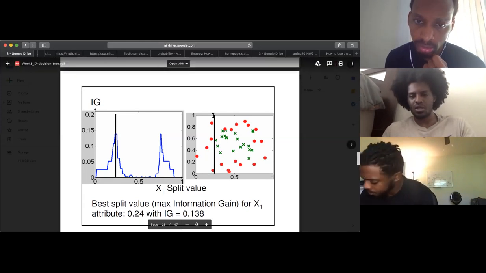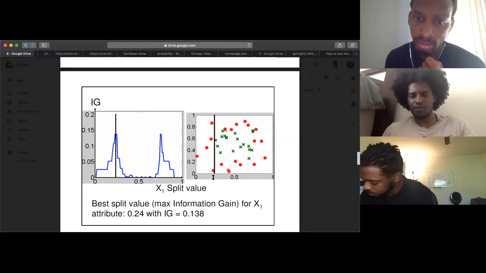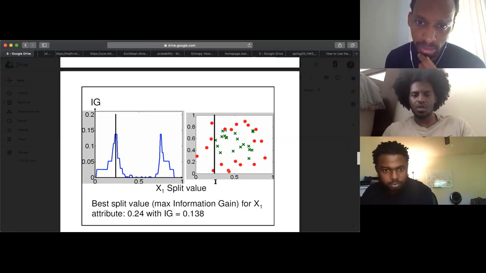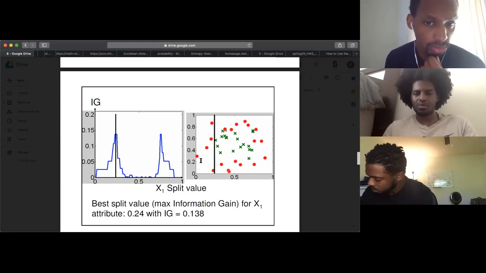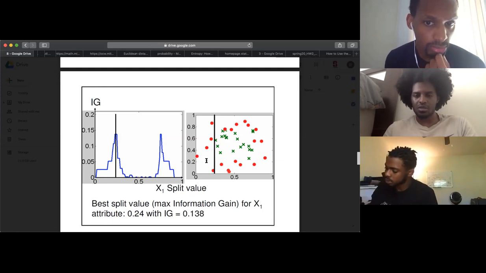So you can see that they've drawn the vertical line, choosing x1 as the best attribute to split on, and the value is at 0.24. You can see that they've created a whole class to the left that's purely red dots. And so that is a good split because you gain a lot of information.